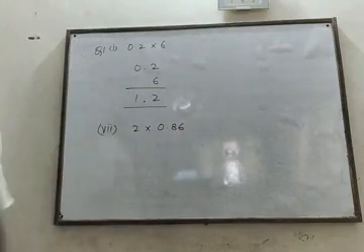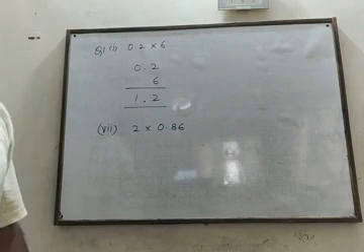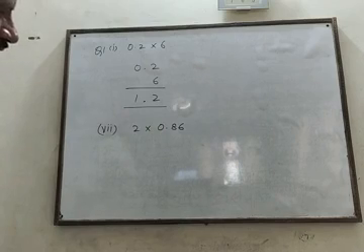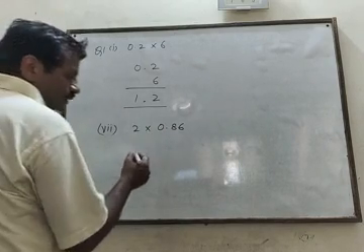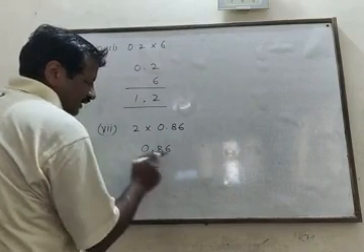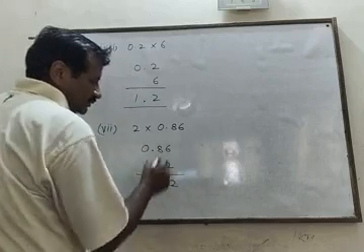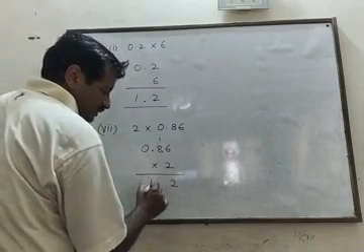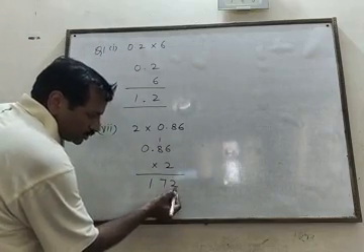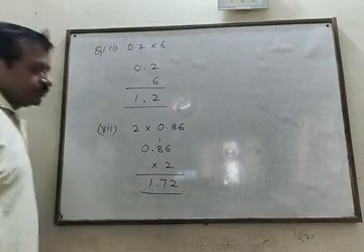Either you write 0.86 multiply 2 or you write 2 multiply 0.86, as it has the same meaning, because the commutative property of multiplication applies here. As per my convenience I will write 0.86 first, then multiply 2. 2 6s are 12, carry 1, 2 8s are 16 plus 1, 17. After the decimal there are 2 digits, so 2 digits before, from this side, 1, 2, then decimal. So this is my answer.